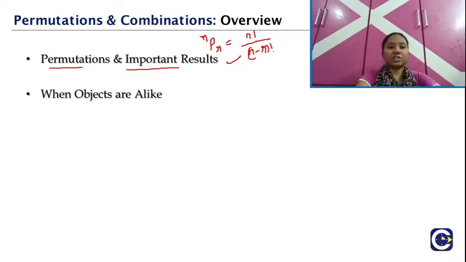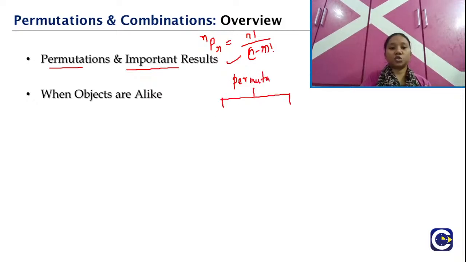After that, in the permutations we basically covered two types: one when objects are not alike, that is, when objects are distinct, and the other when objects are alike.